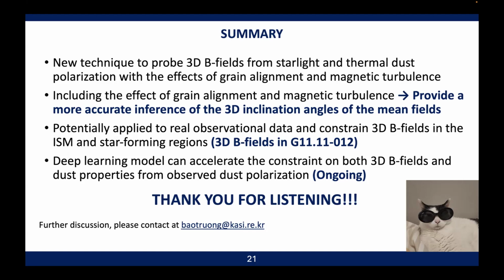Could you improve your model to work on UV polarimetry using DG alignment theory rather than RAT theory? Okay, you mean we need to improve it for the DG alignment? Yeah, can you just replace the RAT theory by the DG theory and apply the same thing for the 3D magnetic field with the future UV polarimetry? Yeah, I think that's the case.